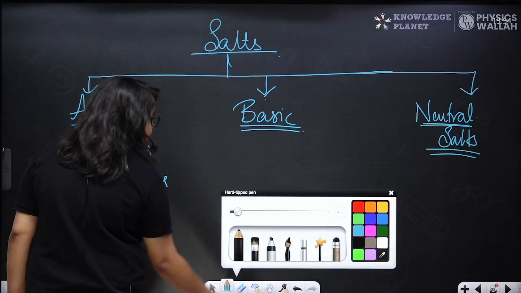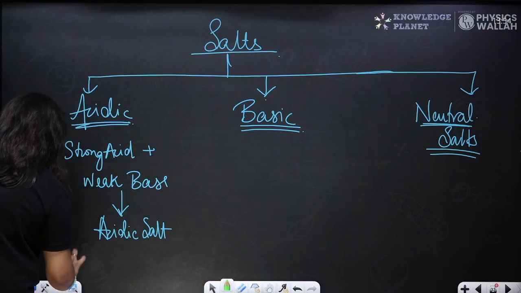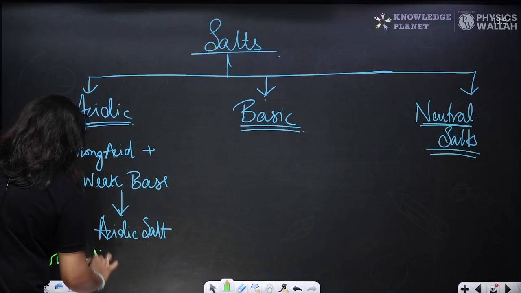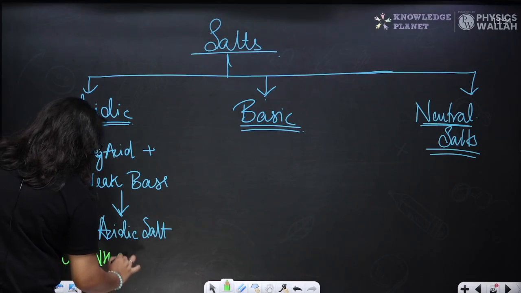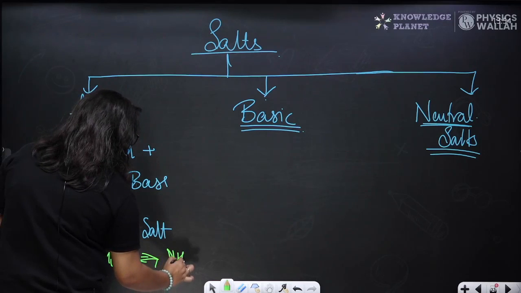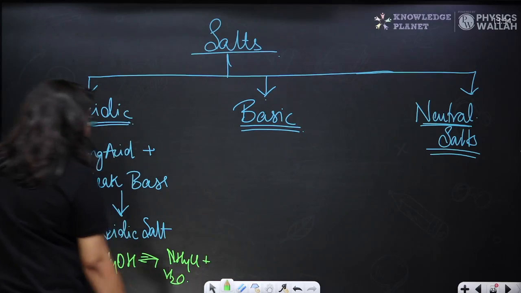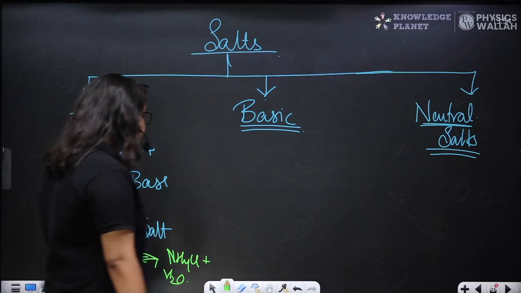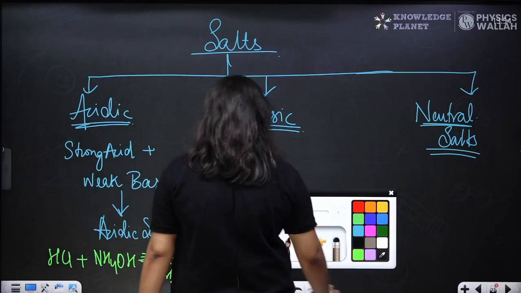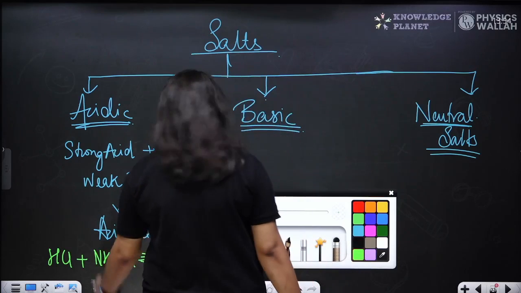Example for this can be the interaction between HCl and ammonium hydroxide. What we get is NH4Cl plus H2O. Ammonium chloride is an acidic salt.